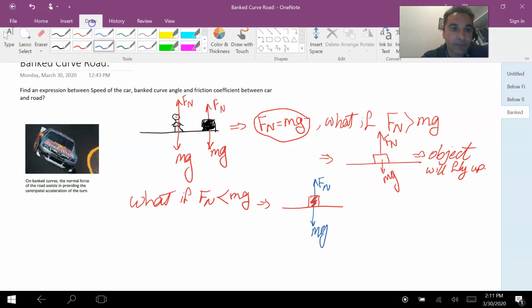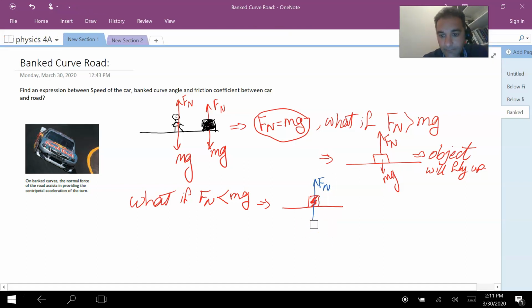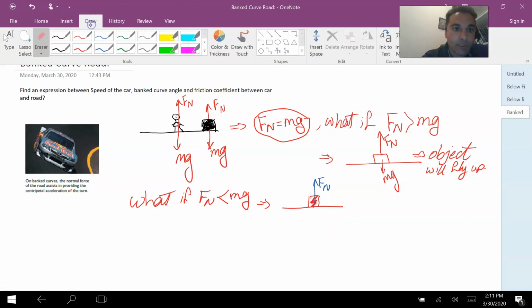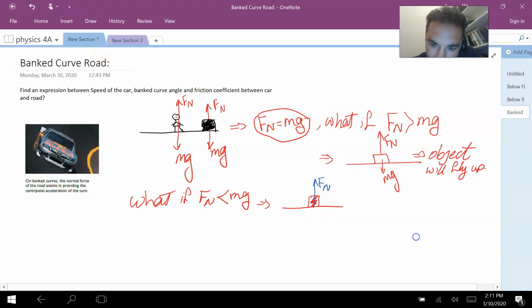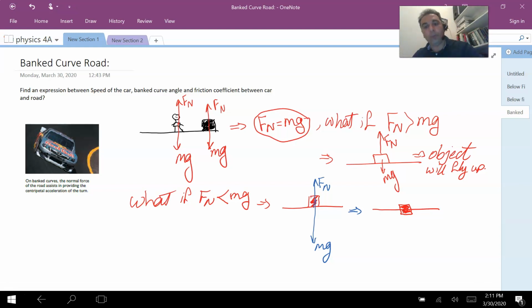But mg is greater than Fn. Then what is happening? The person will be shorter and shorter and shorter. So the object will go inside the earth. Watch. The object will go where? Inside the earth. It will push the surface more, so it will go more inside the surface or ground.